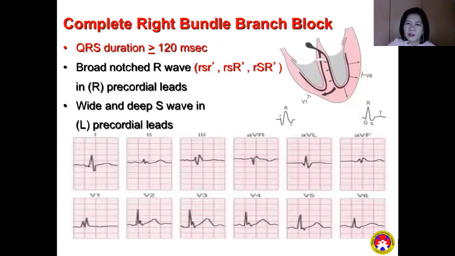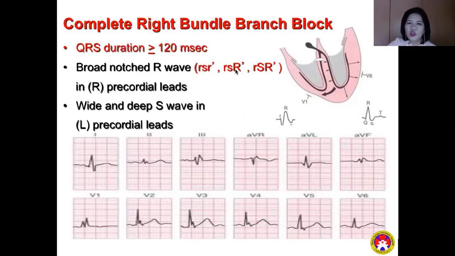But in instances where there is a block in one of the bundles, either the left or the right bundle, then the time it would take to depolarize both ventricles will be longer, prolonging the QRS complex. So if you see a QRS that is wide, at least 3 small squares or 0.12 seconds, then that means that you have a complete bundle branch block.